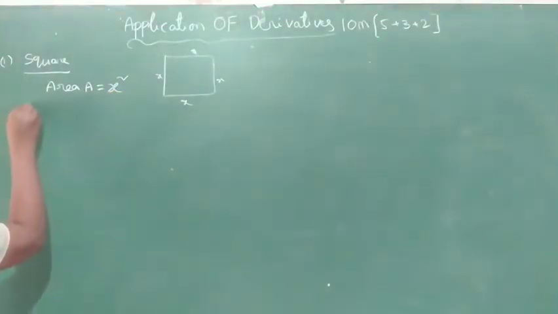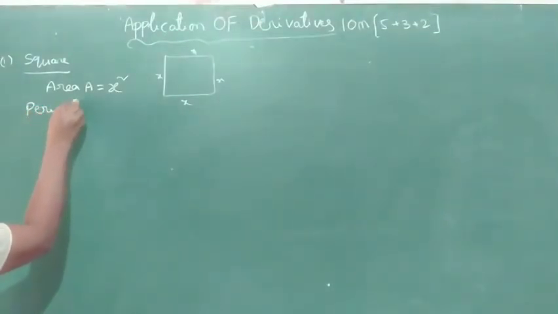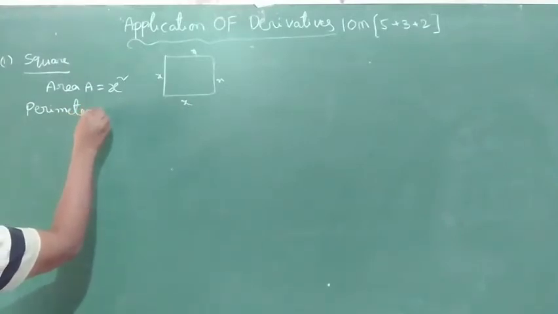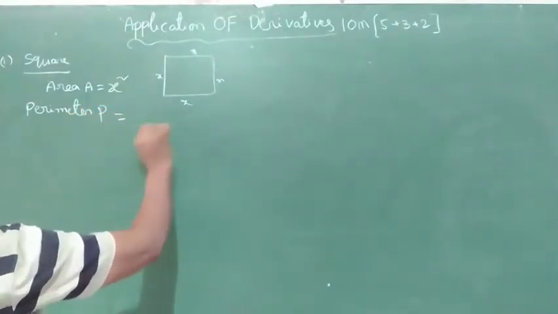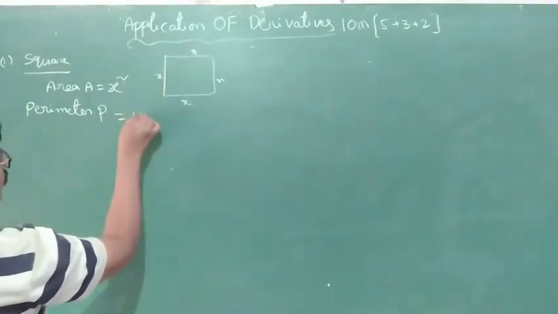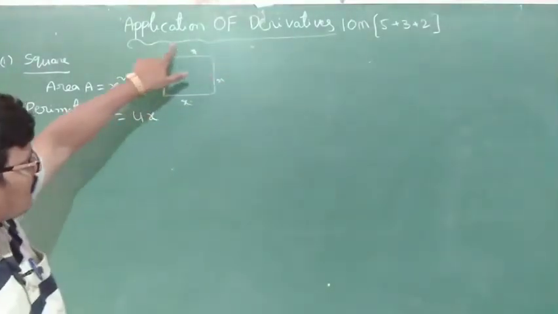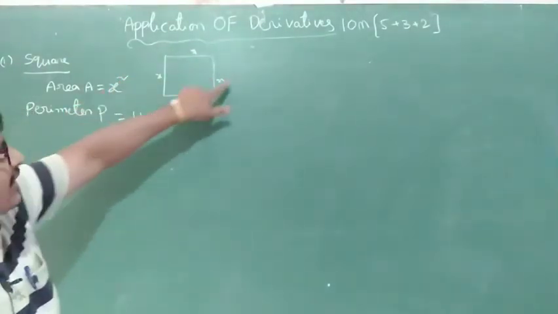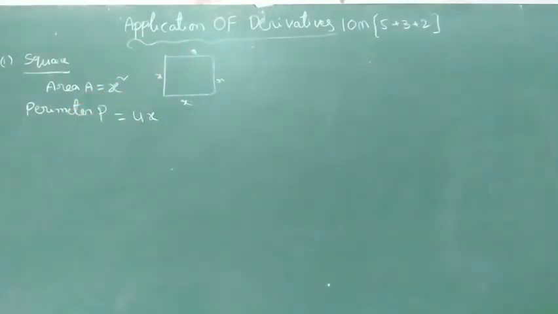The perimeter P is equal to adding the 4 sides, 4x. Perimeter means the total length around this, 4x.